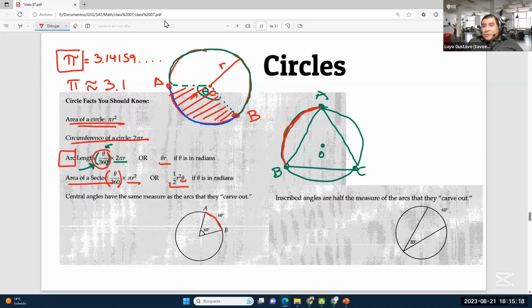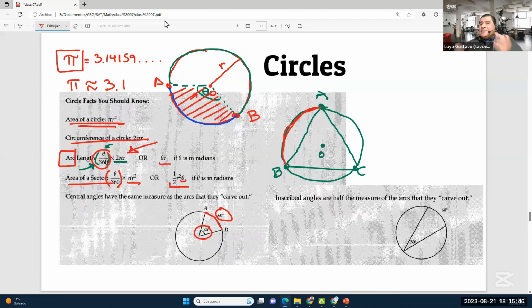The measure is always the measure of the corresponding central angle formed by the two radii that come from the endpoints. So we say that this central angle measures 60 degrees and also the arc AB measures 60 degrees. But that is a measure in degrees. If they ask you to calculate the length, you know to use this formula. Okay? The length of the arc is different.